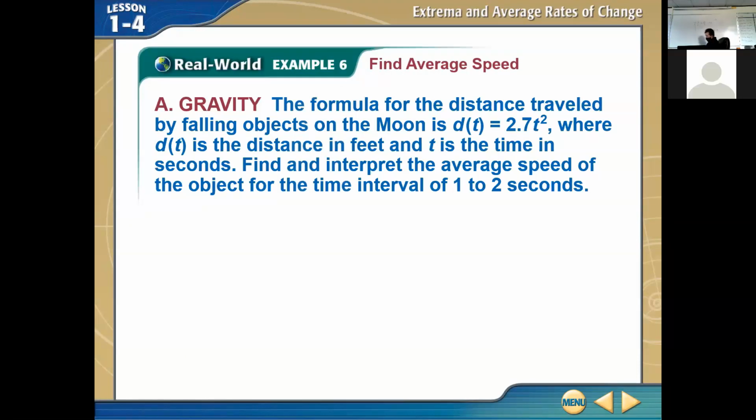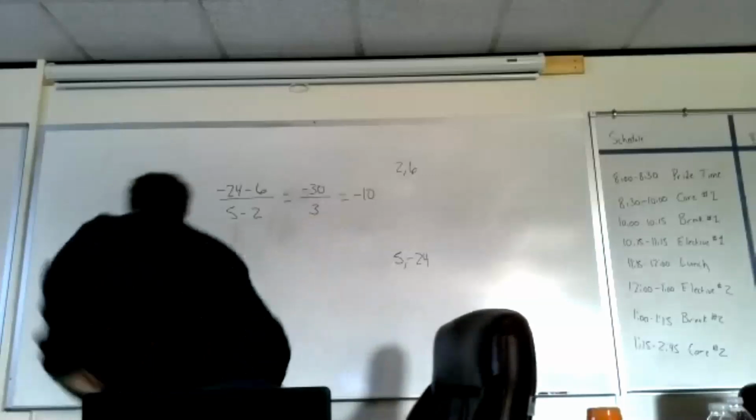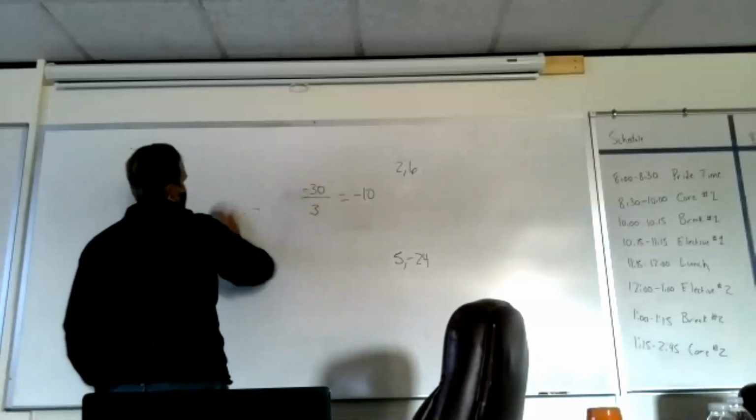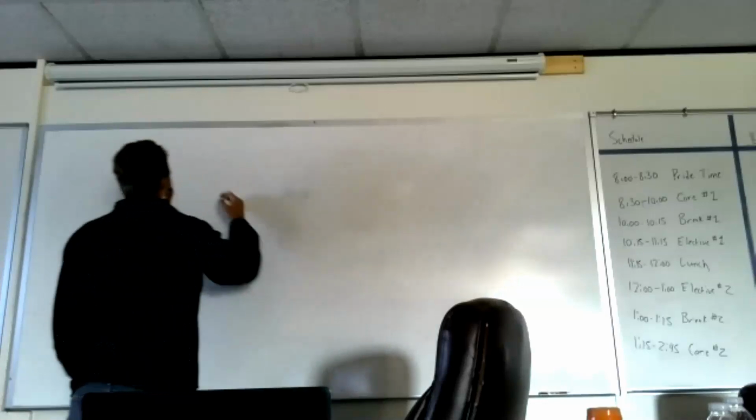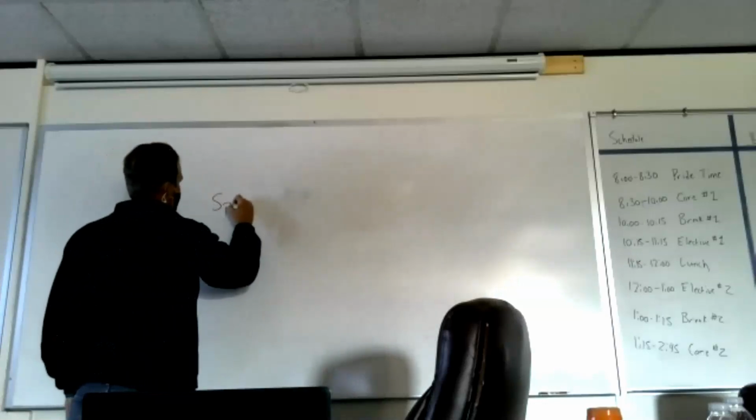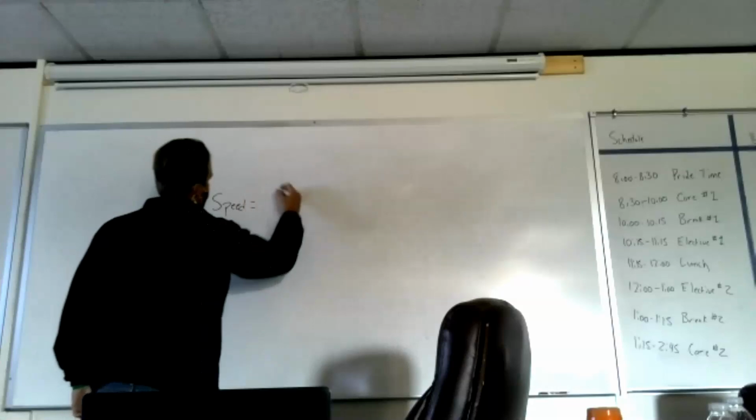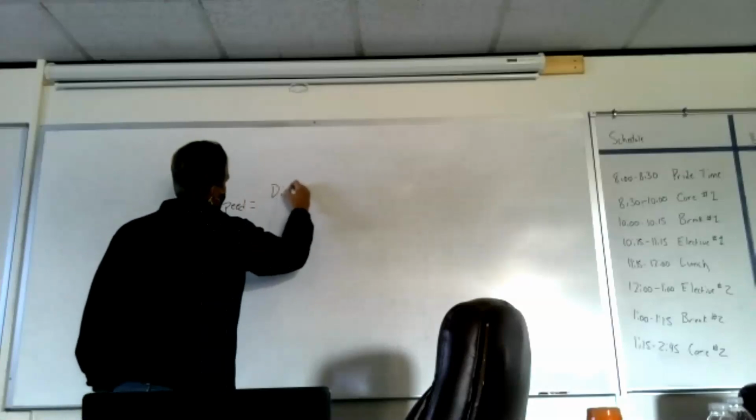Okay, average speed. It's the same exact process as what we just went through. Average speed is average rate of change. The thing that makes it speed is that speed is always classified, it has to be, distance traveled over time. Okay, distance traveled over time.